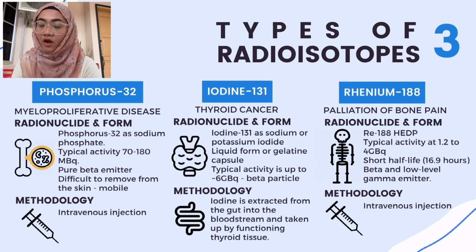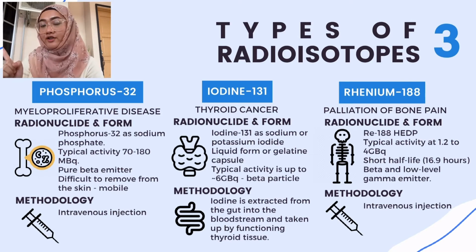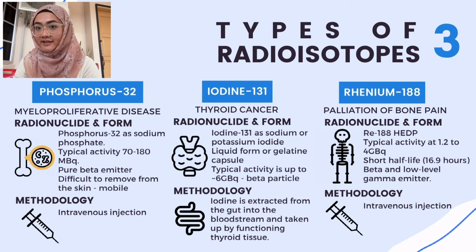These are some of the types of radioisotope used in radiopharmaceutical for treatment. The first one, as we can see here, is phosphorus-32 to treat myeloproliferative disease, where there is an overproduction of blood cells in our body.